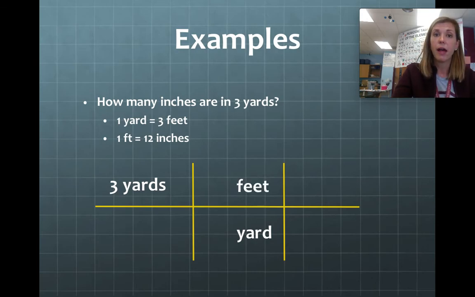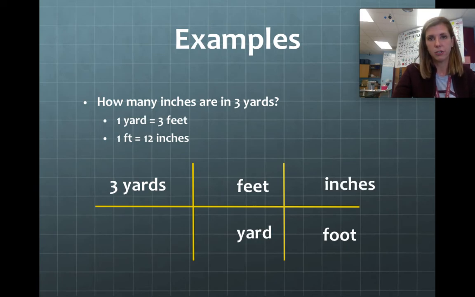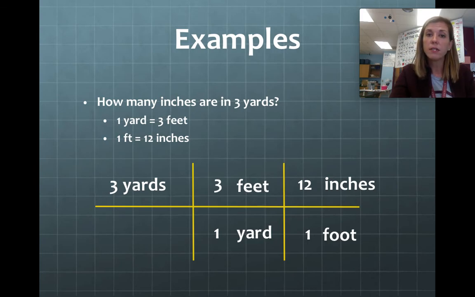Then I can cancel out my feet and then get to inches. Using 2 conversion factors, I know that 1 yard equals 3 feet, and I know that 1 foot equals 12 inches. Multiplying across the top, dividing by the bottom, 3 times 3 times 12 is 108 inches.